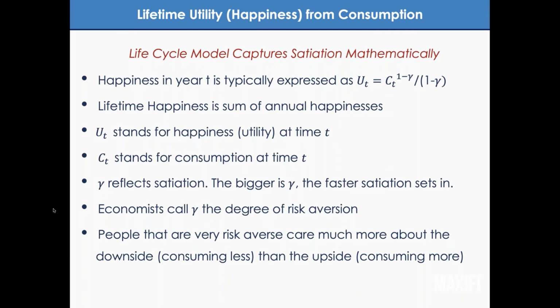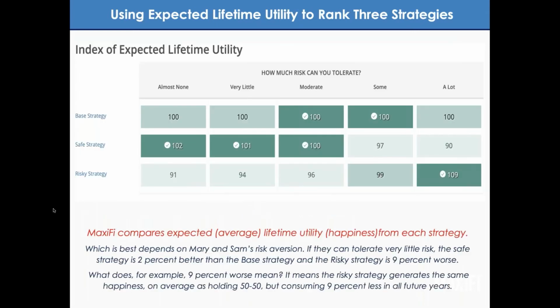So we end up with what's called an expected lifetime utility number for this particular investment strategy and spending strategy. It's producing an average lifetime level of happiness. And we make that average lifetime happiness number not just for the base strategy, but for the safe strategy and the risky strategy.